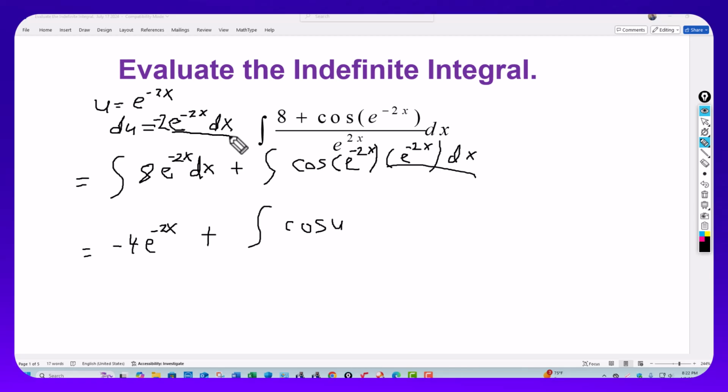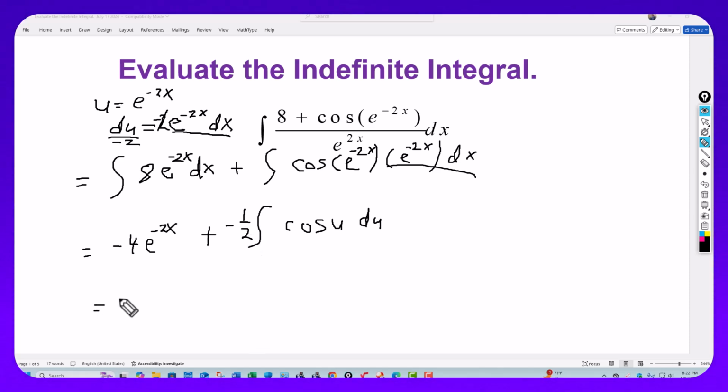E to the negative 2x dx, divide through by the negative 2. That'll come over here. So this e to the negative 2x dx can be replaced by du over negative 2. And we can put that constant out in front, that's negative 1/2.